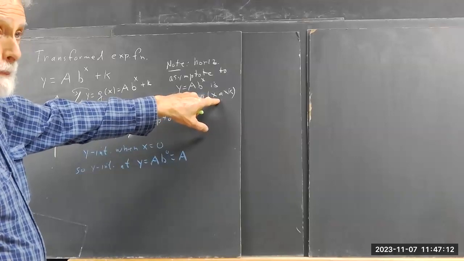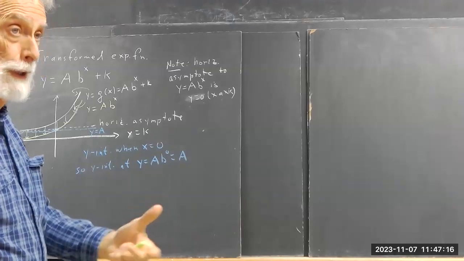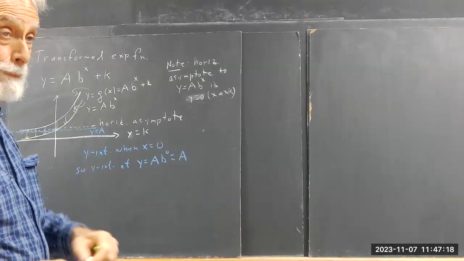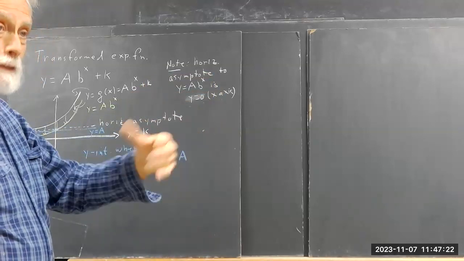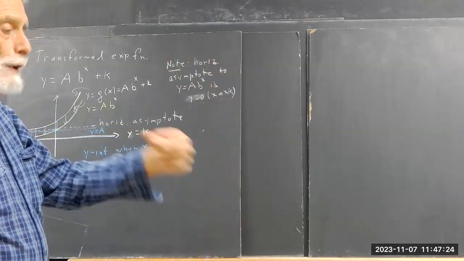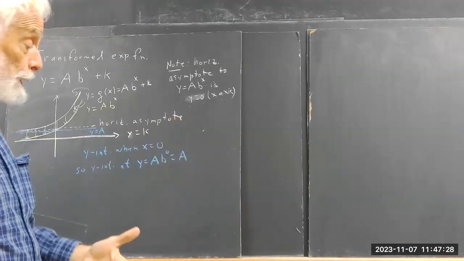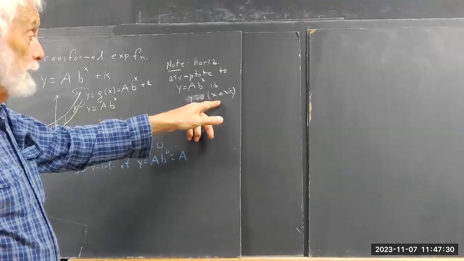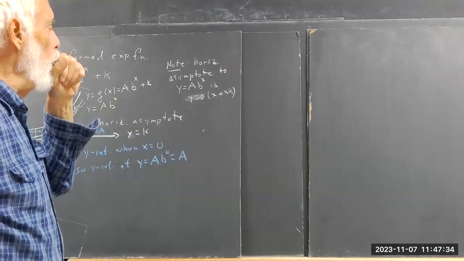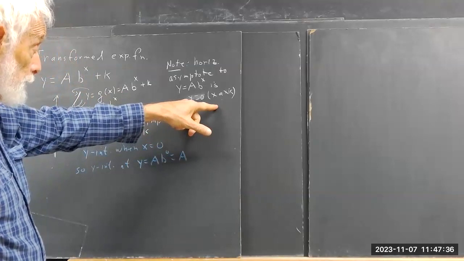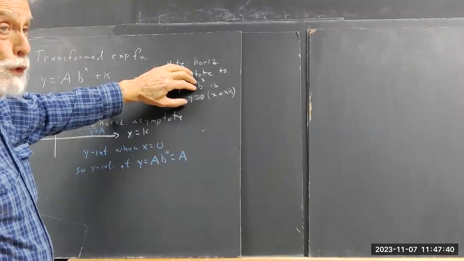That's the x-axis. Now, why is that? Well, you know from the construction of the exponential function that as you move to the left, if you construct the basic function, you keep getting closer and closer to 0. And the y value keeps getting closer and closer to 0. So you should be very familiar with the fact that the x-axis will be the horizontal asymptote for 2 to the x.